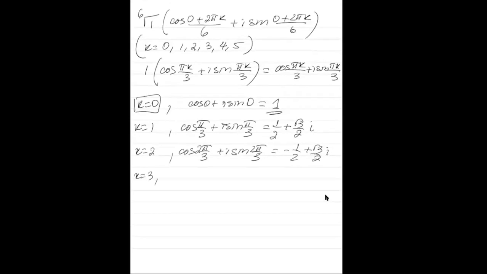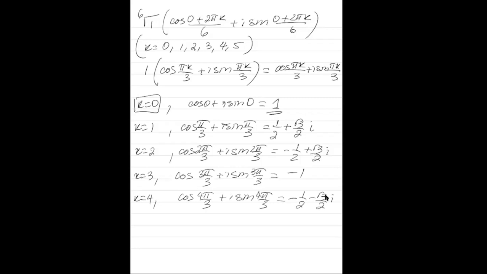K equals 3, you have cosine of 3 pi over 3 plus I sine 3 pi over 3, cancel the 3, cosine of pi is negative 1. So the sixth root of 1, here's another real one, is negative 1. K equals 4, cosine 4 pi over 3 plus I sine 4 pi over 3 equals negative 1/2 minus root 3 over 2 I.